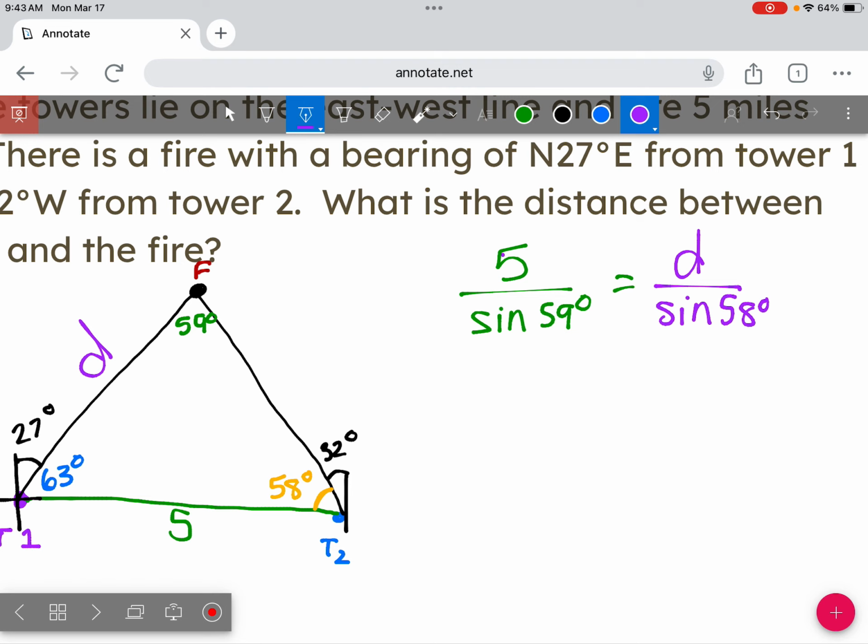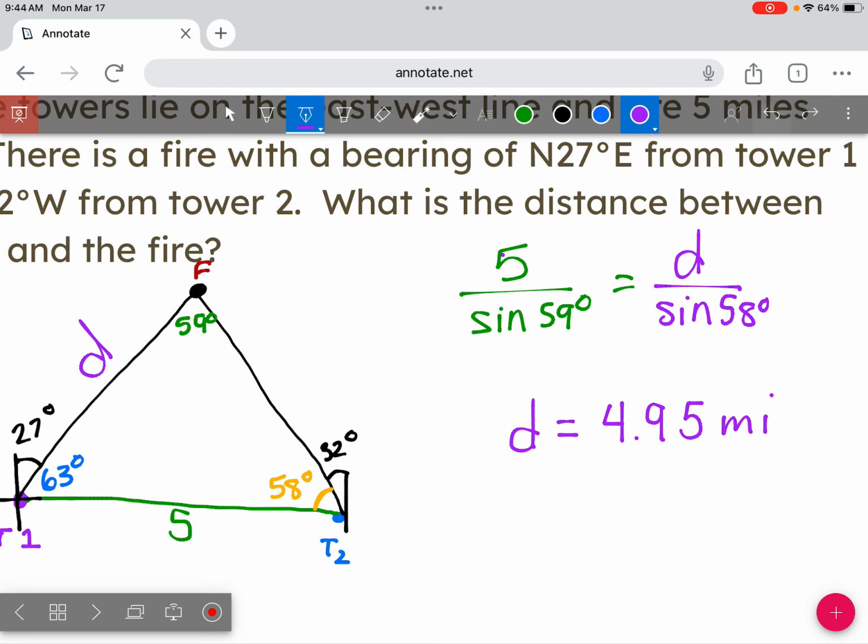It's the exact same thing, it's still all sines. It's just putting it with words. So what is the distance between Tower 1 and the fire? To 2 decimal places: 4.95. He's correct. 4.95 miles.